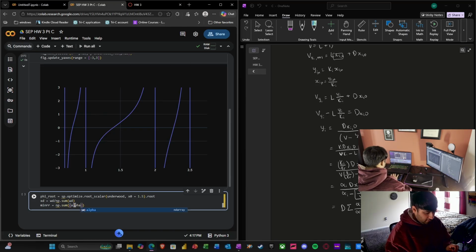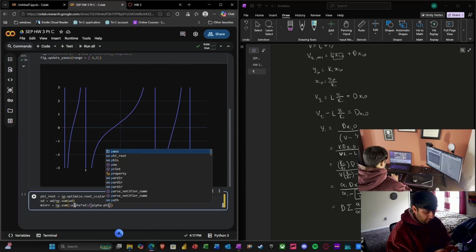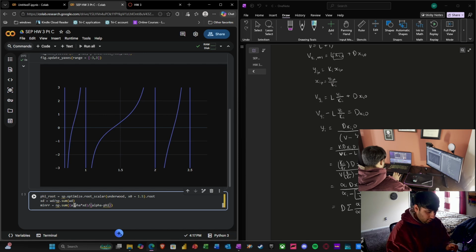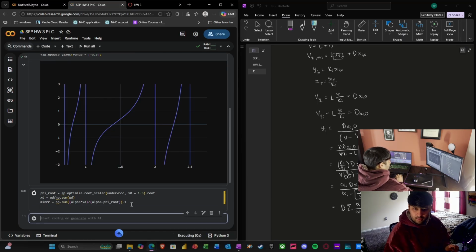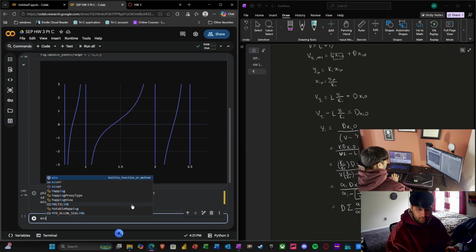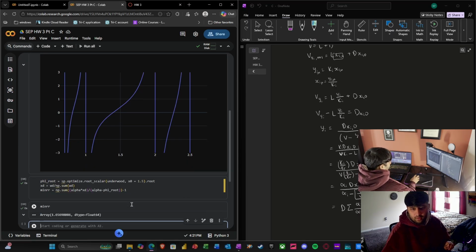So alpha times xd divided by alpha minus phi underscore root, and all of that minus 1. Let's just try that, yep, and then we just want to print that.